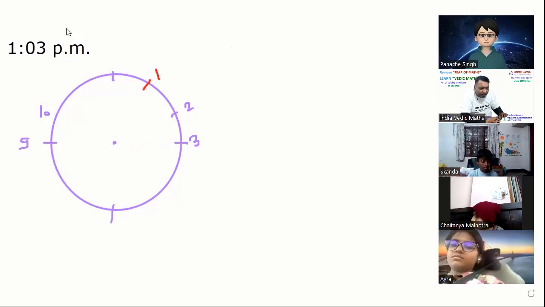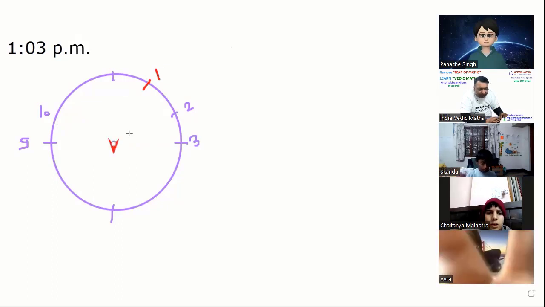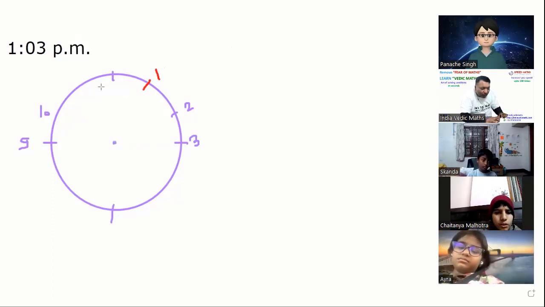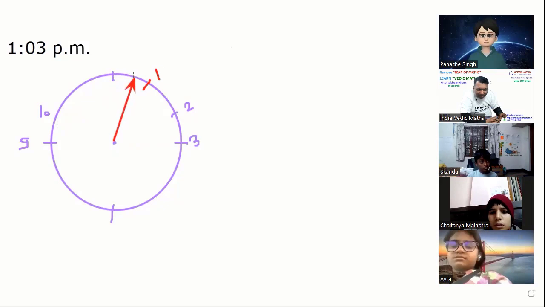So at 1:03, your minute hand will be at 3 minutes, 0 minute, somewhere here, everybody agree? Can you tell me, Chaitanya, where will be the hour hand at this time?